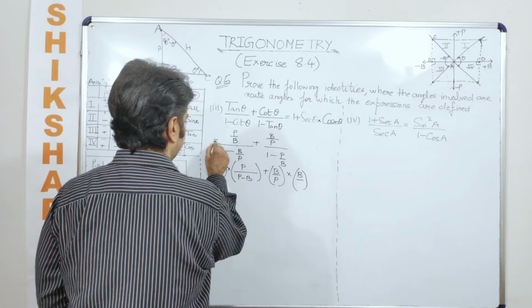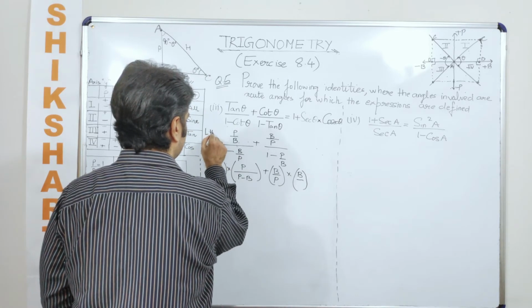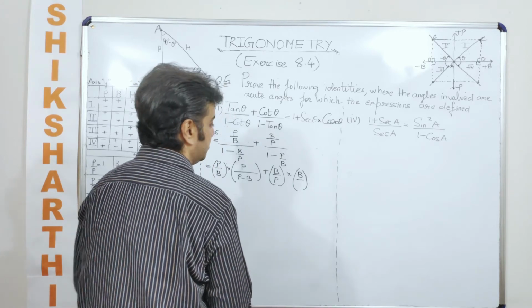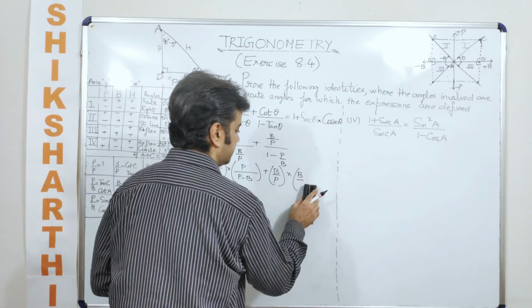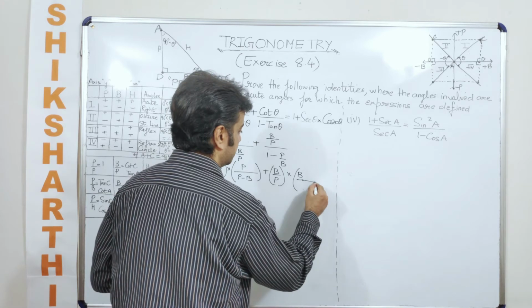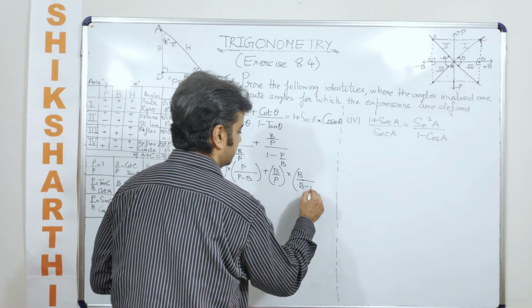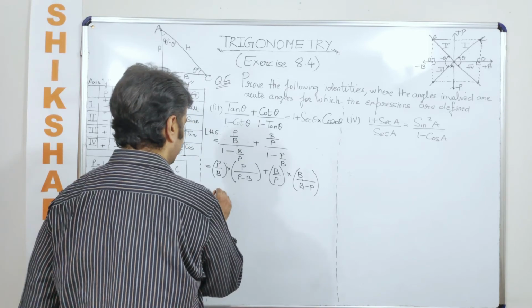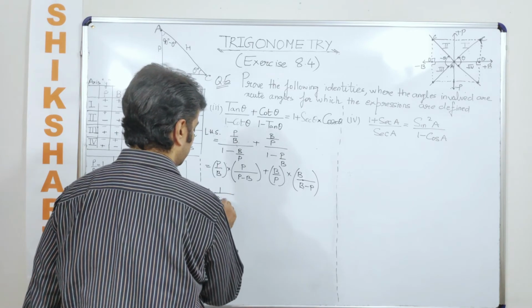And before we would have started, we should have written that we are calculating the left hand side value. Okay, so now this, B divided by, let us say, P minus B. Okay, now this further can be written as, can I take 1 divided by p minus b as common? Yes.